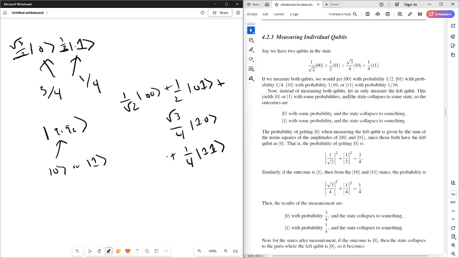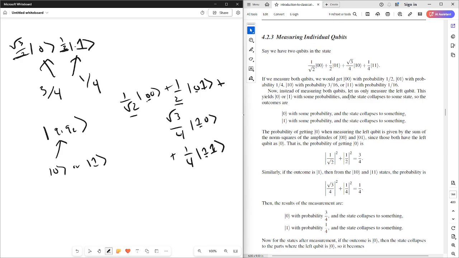So pretty much, let's say we're going to measure the left qubit, right? We're going to measure this guy. So the probability of getting a 0, when we measure the left qubit, is the norm squares of these two guys added together.